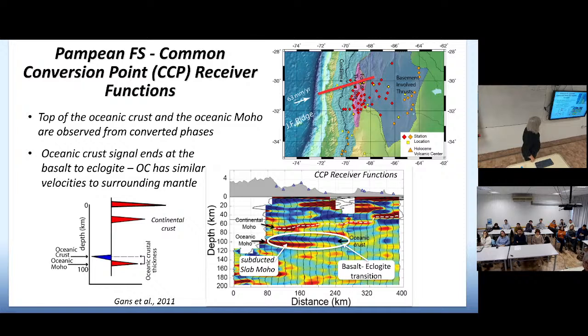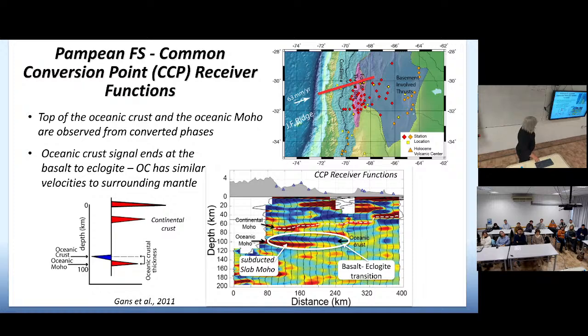And again, the oceanic crust signal ends, and that's about where the slab starts to resubduct, and I'll show you some images of that in a minute. So it works out that when the oceanic crustal signature disappears, that means it's got the same velocities as the surrounding mantle because it's now eclogite instead of basalt.